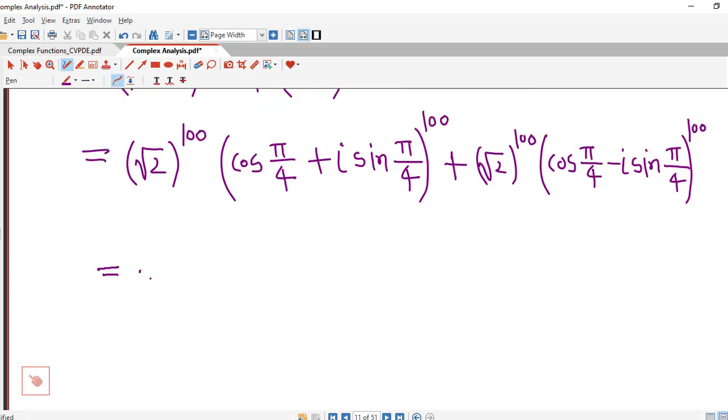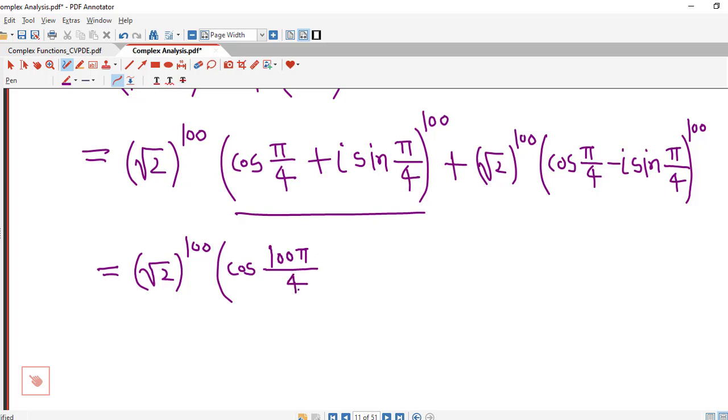Now we keep this as it is, root 2 raised to 100, and using De Moivre's formula we write this as cos (100 times π/4) + i sin (100 times π/4). Okay, this angle is multiplied with the power, which is 100.